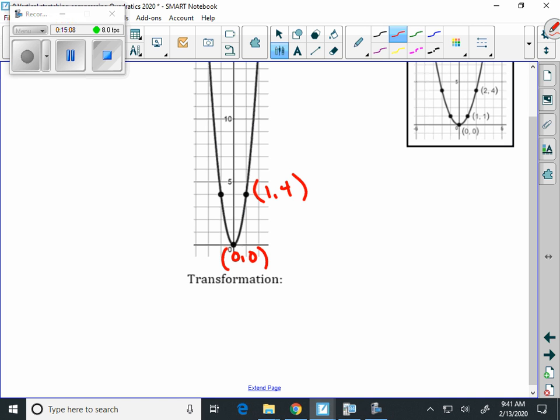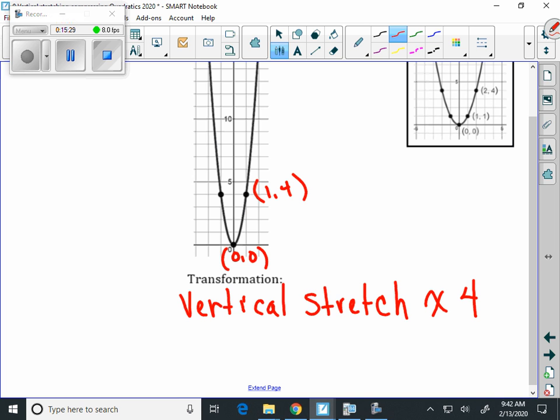So from the parent function, normally we go 1 space to the right and 1 up, but we went 4 up. So this is going to be a vertical stretch. And 1 times 4 will give us the 4. So it's going to be by a factor of 4.